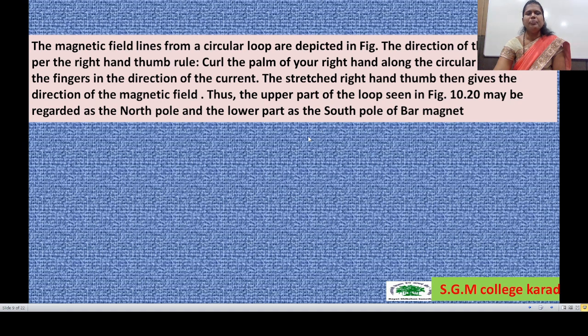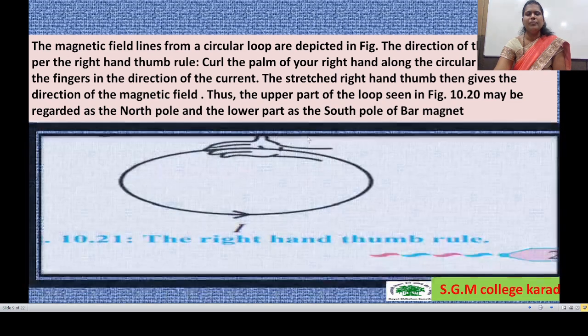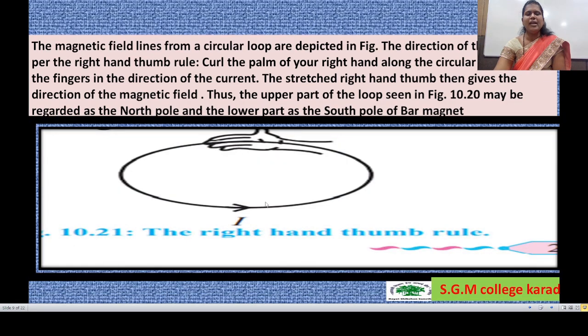Now see the magnetic field lines from the circular loop. Already we know the right hand thumb rule. Now here we are going to use the curled palm rule. What is the statement of the curled palm rule? By using this diagram we can understand how the curled palm rule is applied here for the magnetic lines of the current loop.